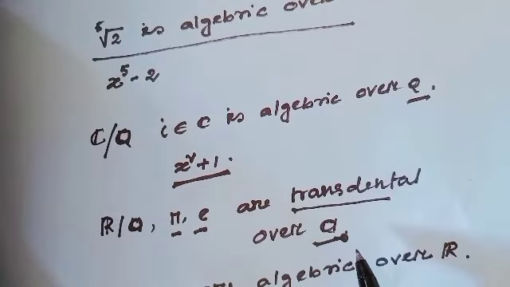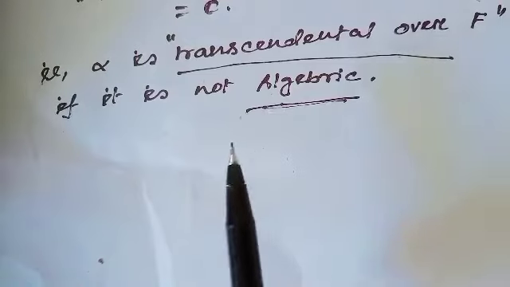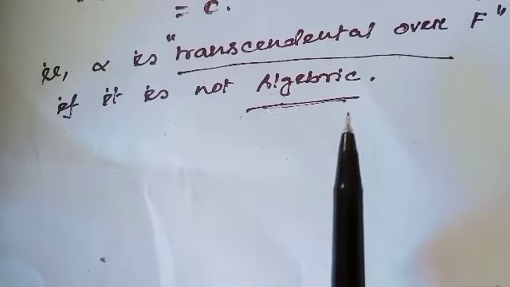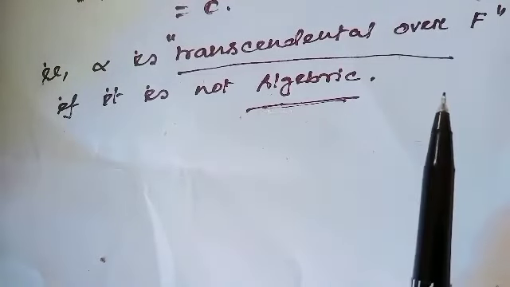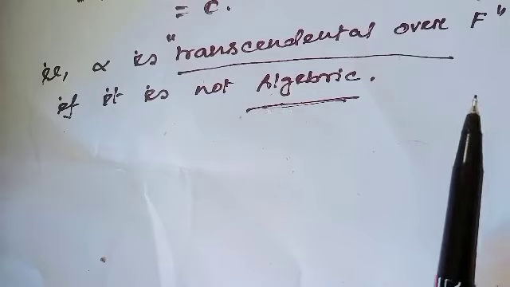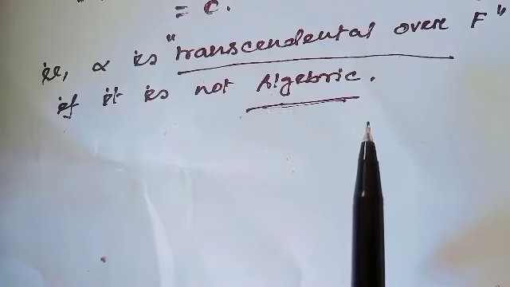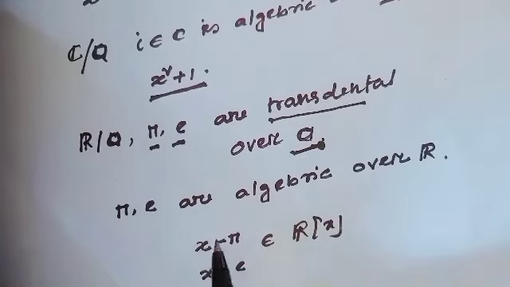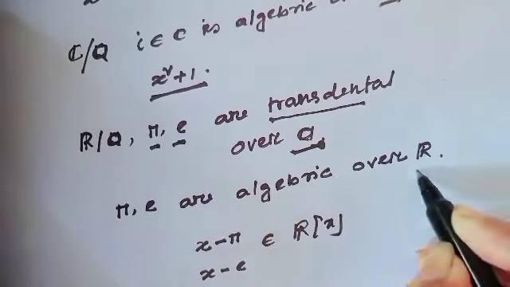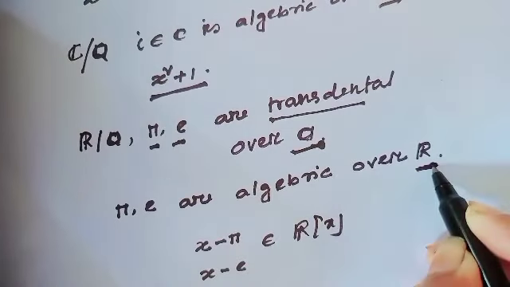Are you getting? The definition: alpha is transcendental over the field F if it is not algebraic.